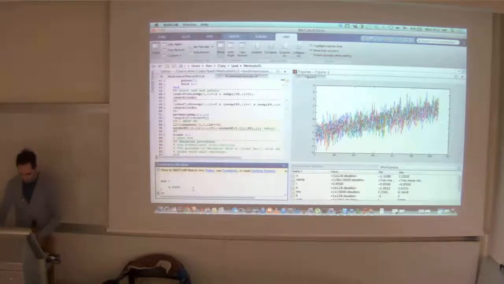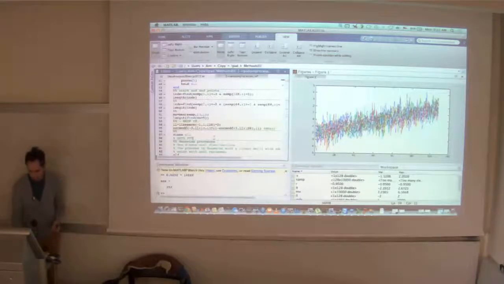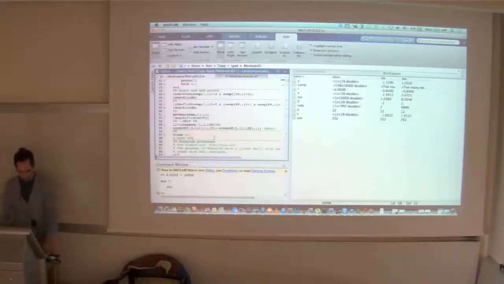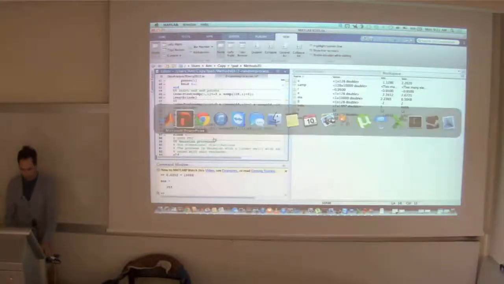But if we take 0.02 and multiply it by the number of all samples, we have exactly 252, which is more or less the number that we counted. So that gives us some intuition about Gaussian distribution and random processes, and we're going to talk a lot about them.